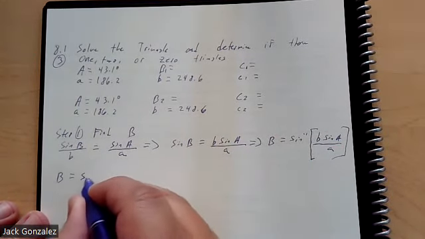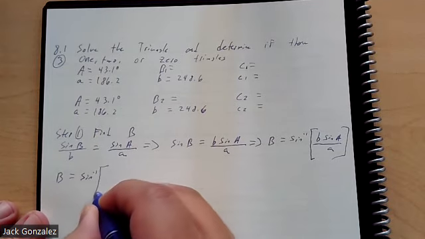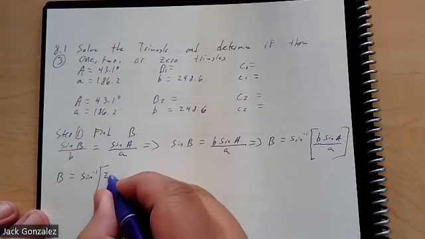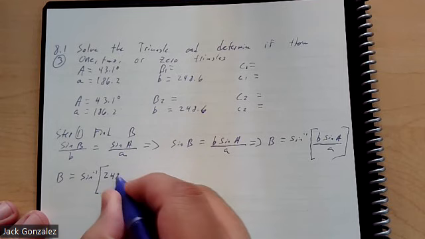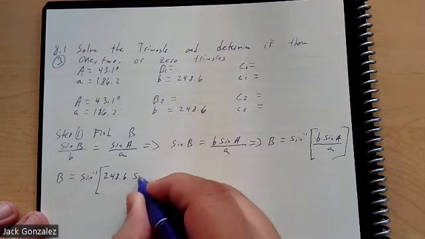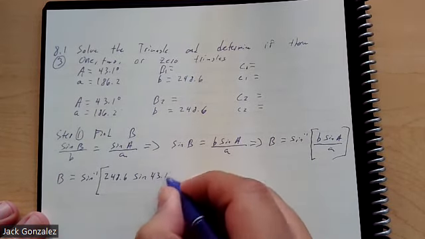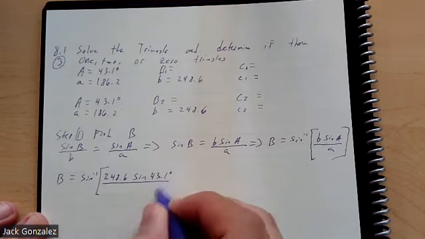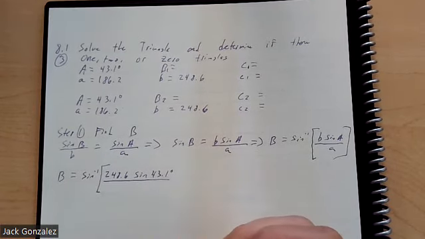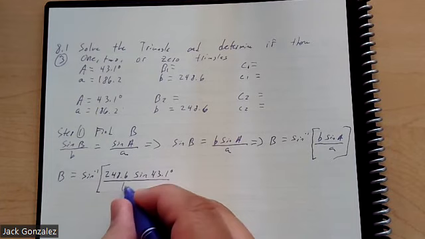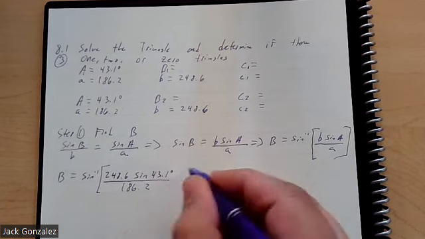So B is equal to sine inverse of little b, 248.6, sine of 43.1, over 186.2.